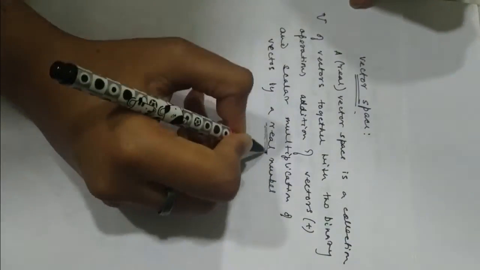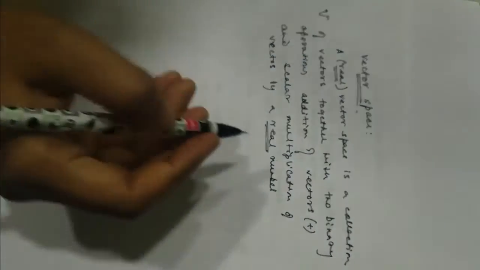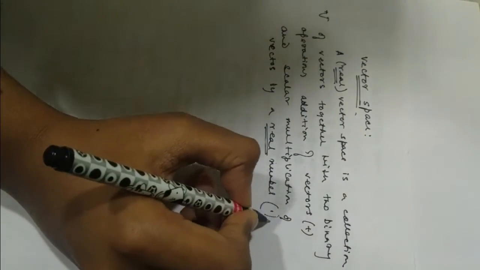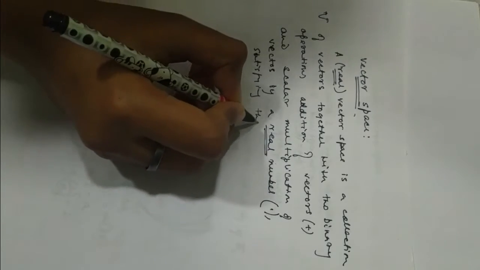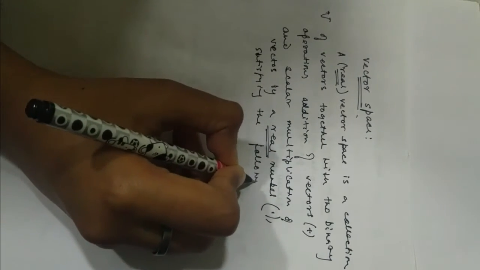Over here we are using real numbers because we are defining real vector space, satisfying the following axioms.